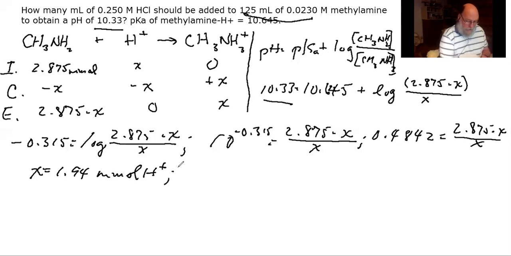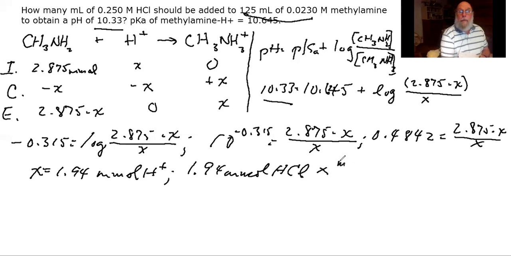All right. Now we've got 1.94 millimoles of acid as HCl, divided by 0.250 molar.